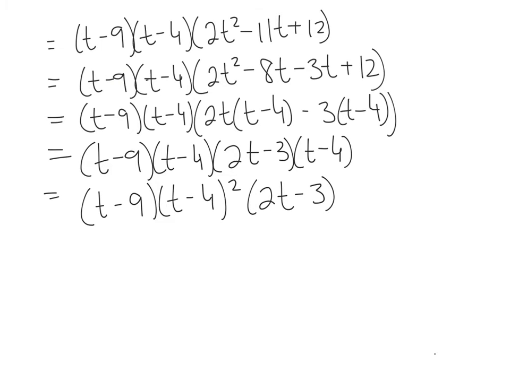Okay, so now let's determine our roots. So here we have t is equal to 9. Here t is equal to 4. And then here, t is equal to 3 over 2. So we can reject this answer right here because it's out of the range.